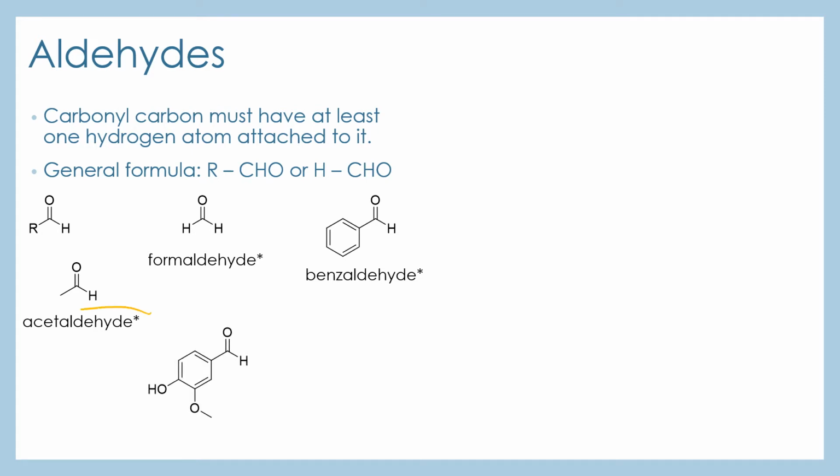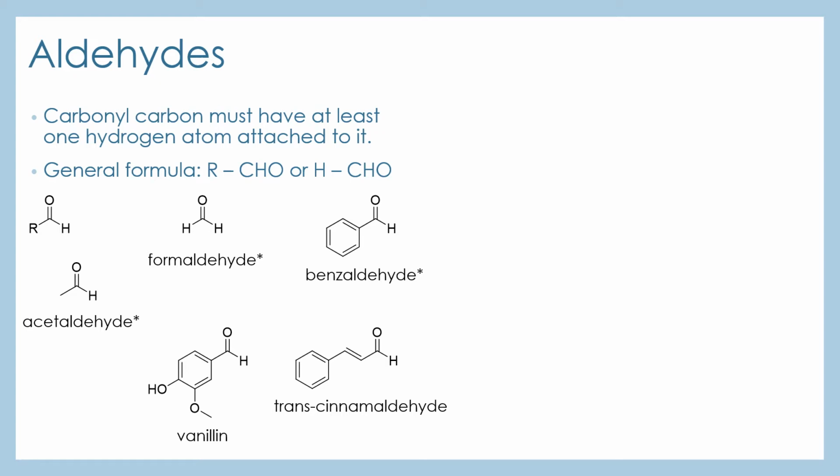And this is the common name for it. The IUPAC name would be ethanal. This compound is vanillin, and just like it sounds like, it is a component of vanilla. And this last one is trans-cinnamaldehyde, and this one can be found in cinnamon.